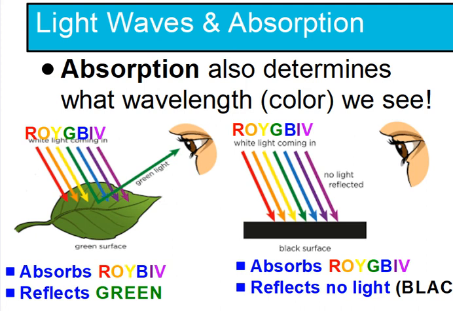Another thing that absorption has a great deal to do with is why we see the colors that we do. When we talk about seeing green or seeing black or seeing white or seeing red, whatever color that you see, it's because it has absorbed every other wavelength. We say color, but typically what it actually is, when you were in elementary school, wavelength was too big of an idea, so they said color.